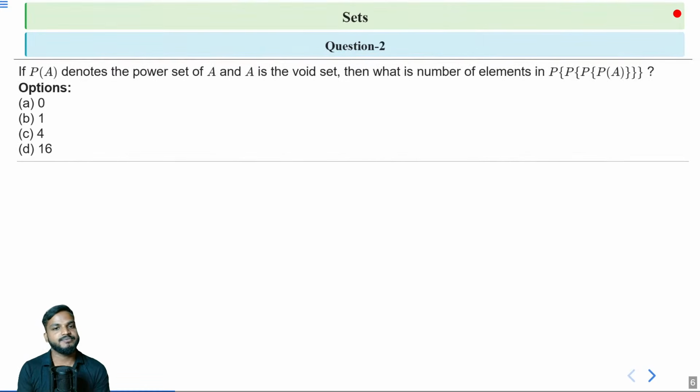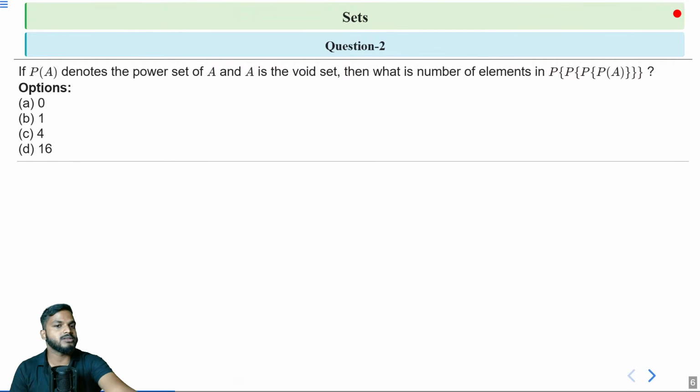Next question is about power sets. We have a set A, and set A is the void set. Void set means null set, a set that has no element. Then what is the number of elements in the power set of the power set of the power set of the power set of A?